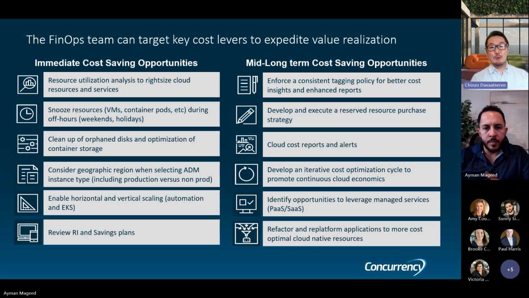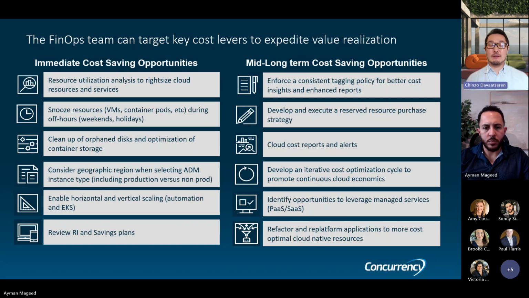So there's a few immediate savings opportunities there. Microsoft provides long-term commitment-based savings. You can downsize some of the resources, and then, like Amy said, snooze some of the resources, VM, container pods. During off hours, you can turn it off or scale it down during weekends and holidays.